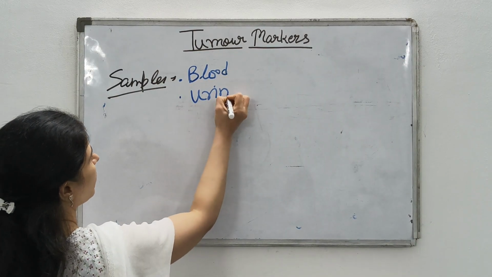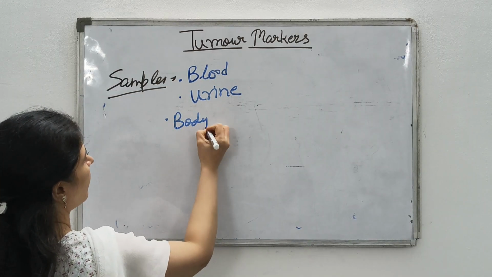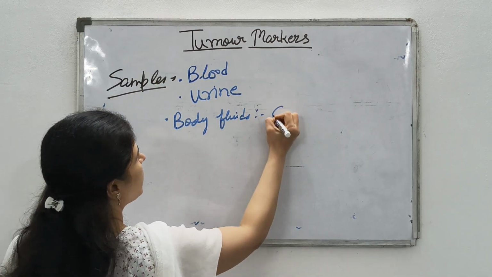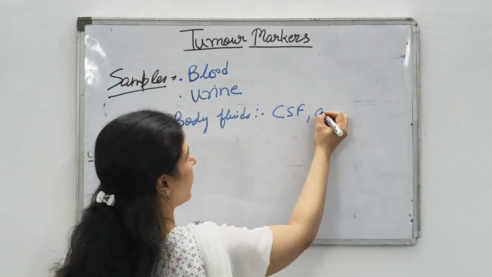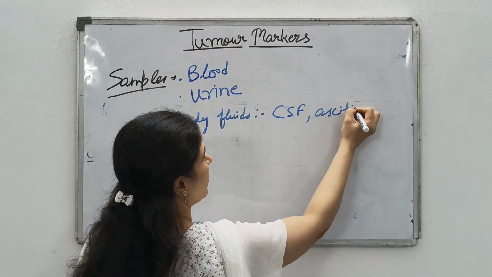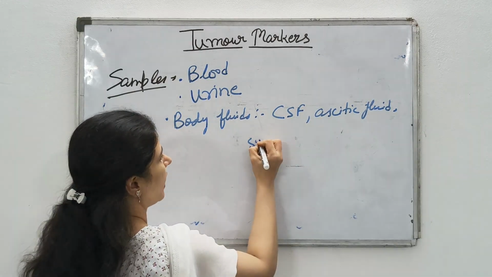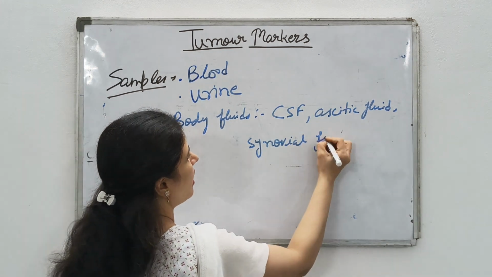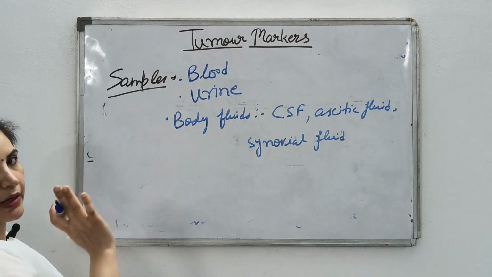In urine, you can also detect tumor marker, and various body fluids. What kind of body fluids? It includes CSF, that is cerebrospinal fluid, or ascitic fluid, in which you can also detect it, or synovial fluid. So these are the body fluids in which you will detect it.